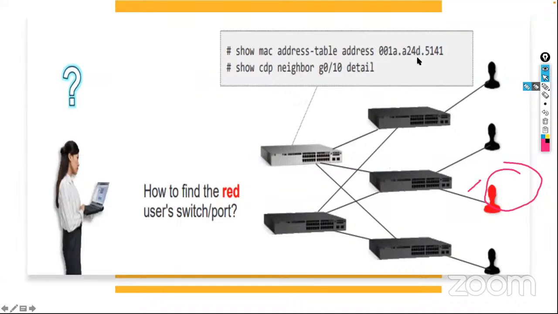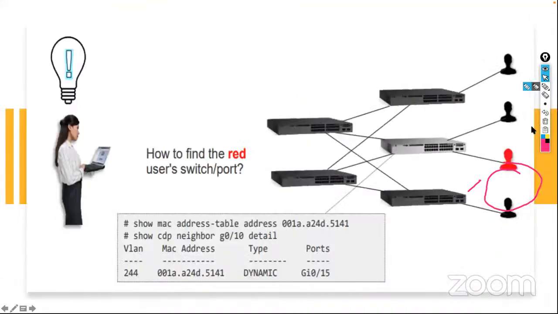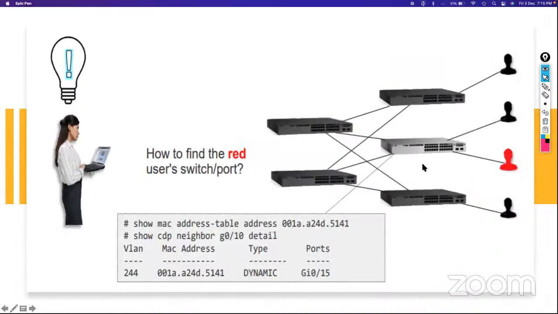Same procedure: show MAC address table, then show CDP neighbors and all, right? And then at the end, when we have found this switch, we observe that this Gi 0/15 has the issue, and then we troubleshoot it.